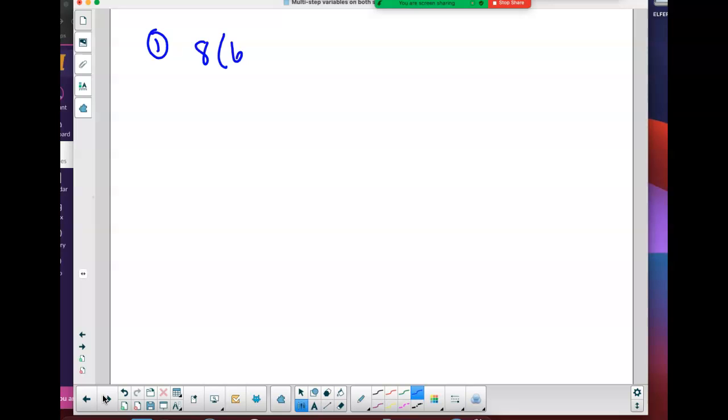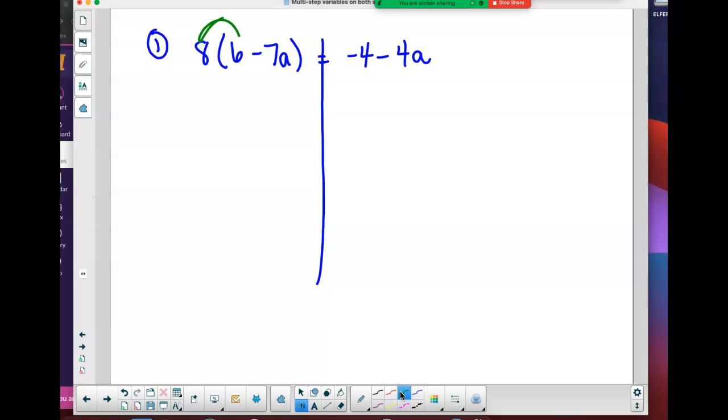Okay, so number 1, 8 times (6 minus 7a) equals negative 4 minus 4a. Okay, draw the line. First thing we're going to do is what? Distribute. Okay, so we distribute first. And we get 48 minus 56a.